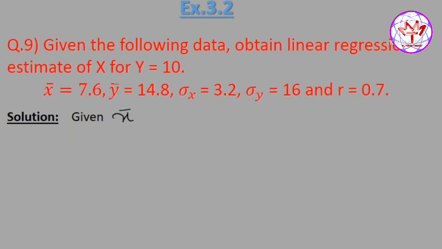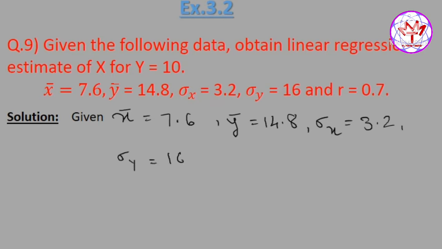X bar is equal to 7.6, y bar is equal to 14.8, sigma x is equal to 3.2, sigma y is equal to 16 and r is equal to 0.7.